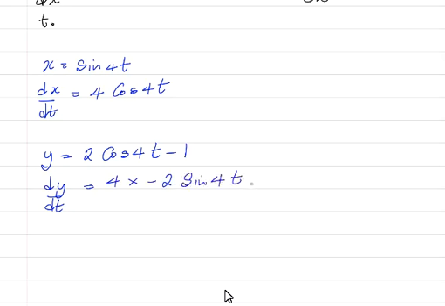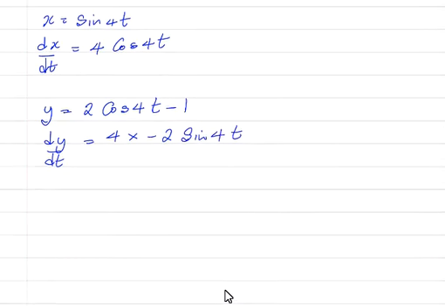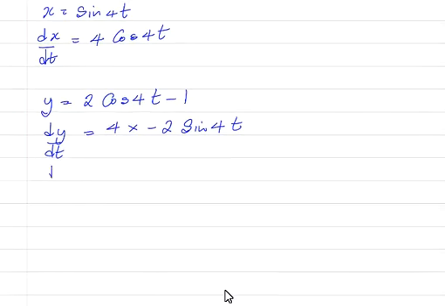You differentiate cos, and you also have to multiply by the differential of the inside function. When you differentiate minus 1, you get 0. So dy by dt is equal to minus 8 sine 4t.